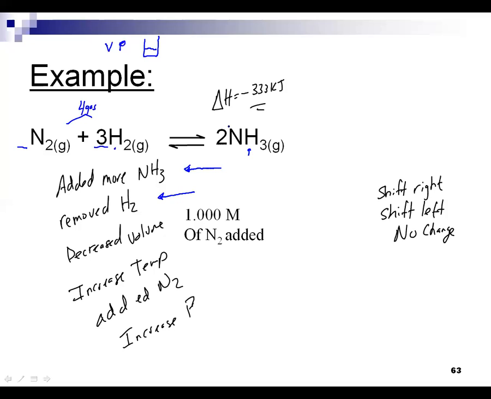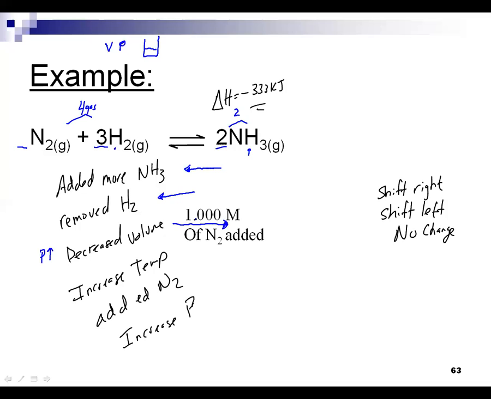On our product side, there is 2 gas molecules, which means in this case, since we're decreasing the volume, that means that the pressure should be increasing as well, right? It would shift to the side with the least number of gas molecules, which in this case would be the right-hand side or the product side. Any questions on that?